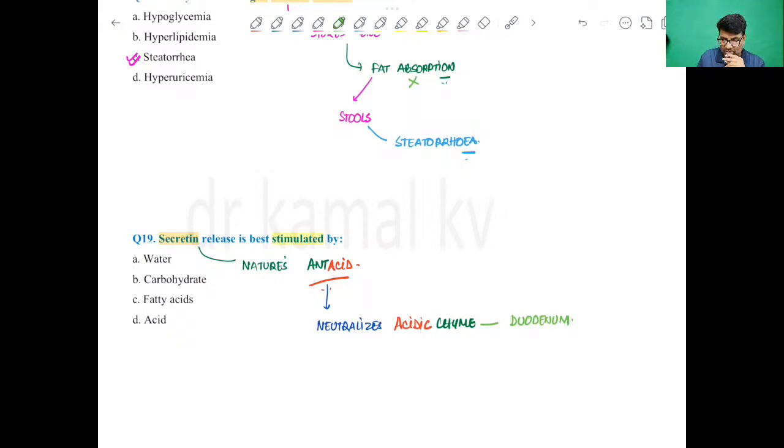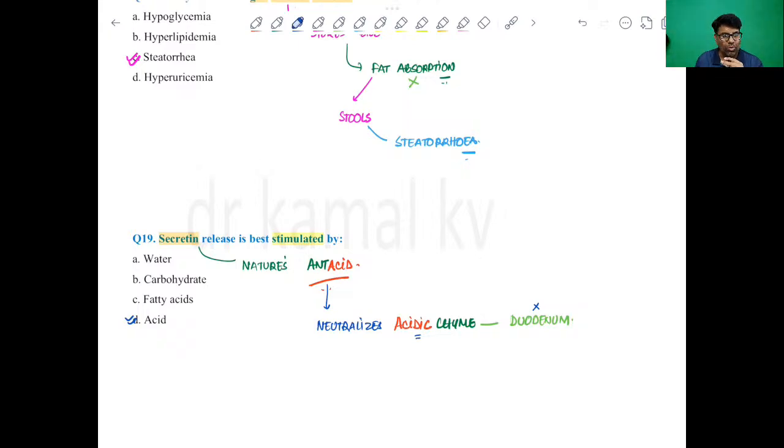So as soon as this acidic stuff comes into the duodenum, there is a command for release of secretin, and then this secretin will promote release of alkaline watery secretion from the pancreas, and it will try to neutralize the acidity of the chyme and make sure that there is no injury to the duodenum, otherwise there will be development of duodenal ulcers, right?